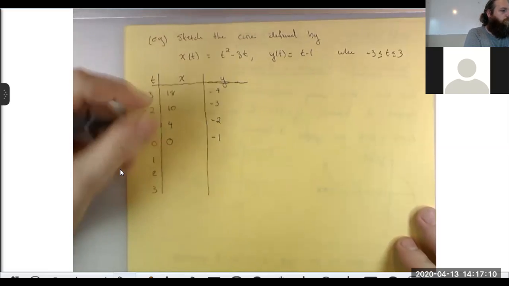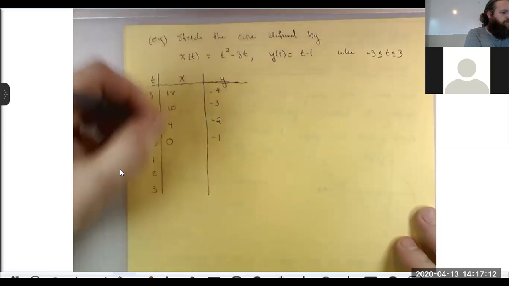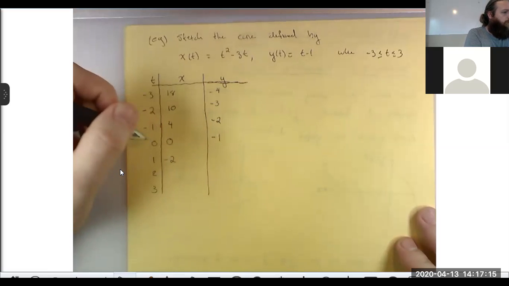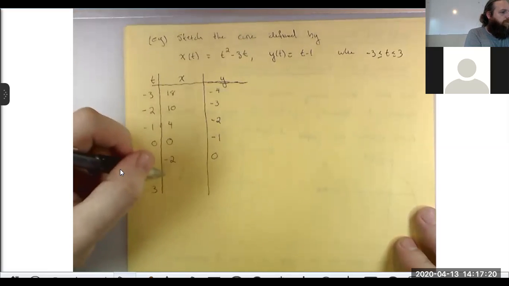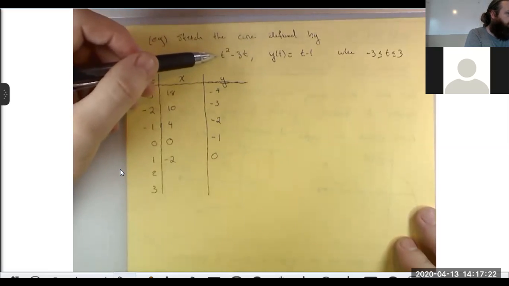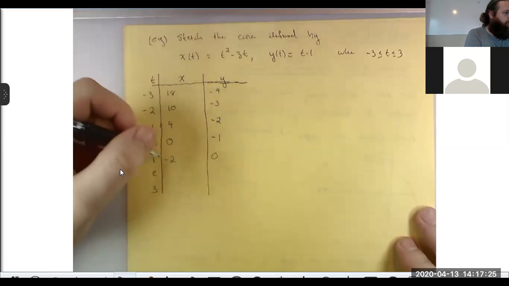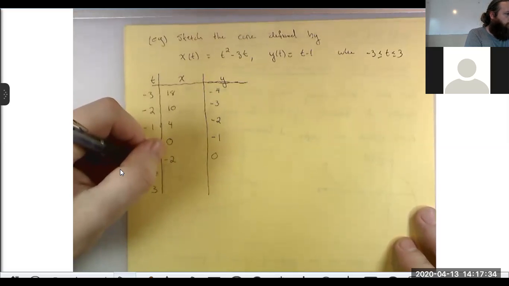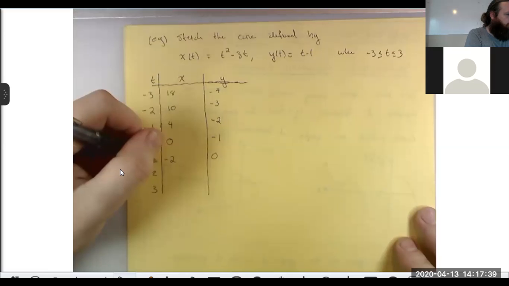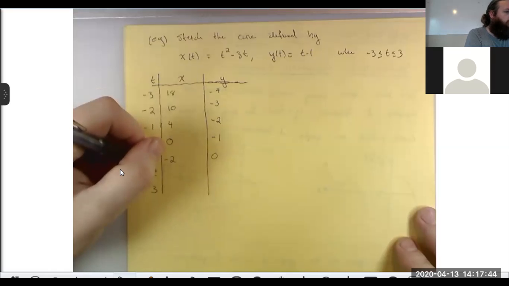When t is 1, 1 squared minus 3 is -2, and 1 minus 1 is 0. When t is 2, this would be 4 minus 6. Oh, did I do this computation correctly? 1 minus 3, -2, right? Yeah. Okay, -2.